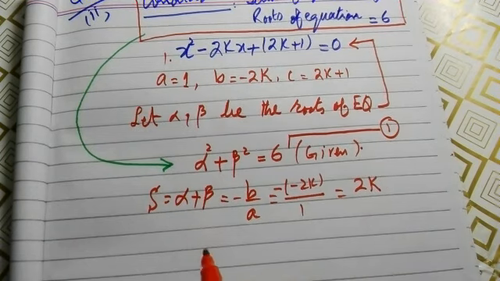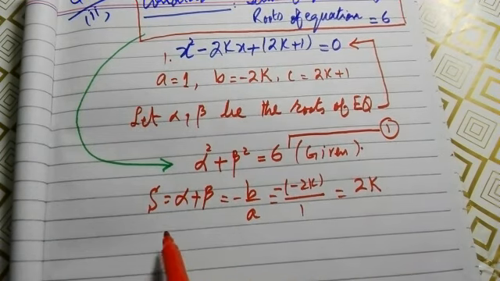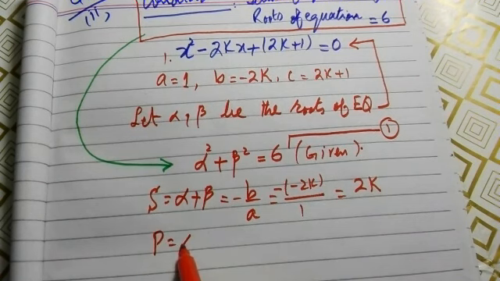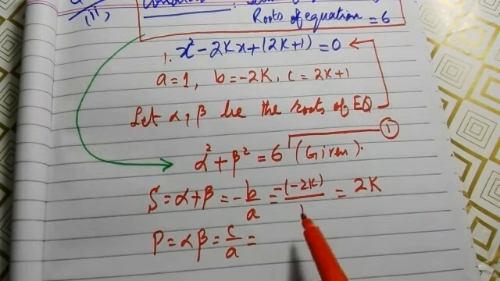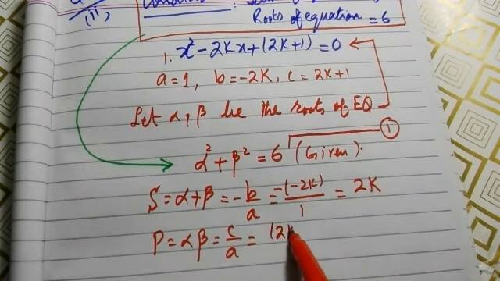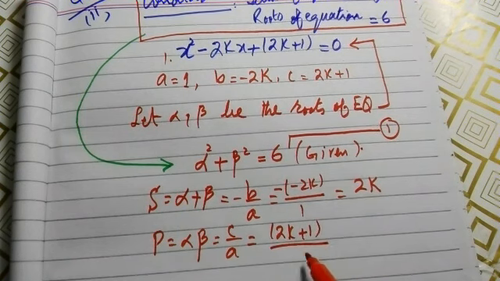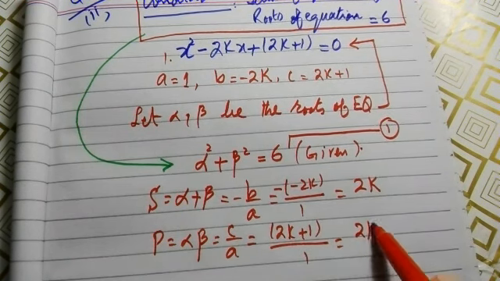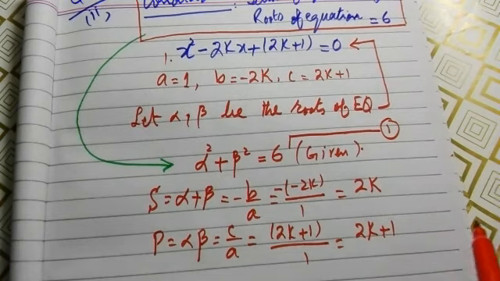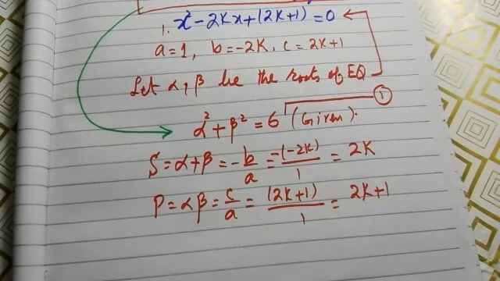This is the solution of alpha plus beta, that is sum of roots. And product of roots, that will be alpha times beta. This is equals to c over a. So c is equals to 2k plus 1 whole divided by 1. So it will become 2k plus 1. I have calculated alpha plus beta is equals to 2k, alpha beta is equals to 2k plus 1.